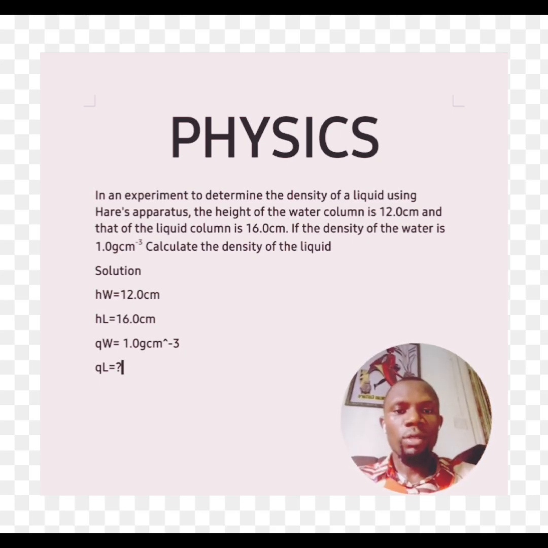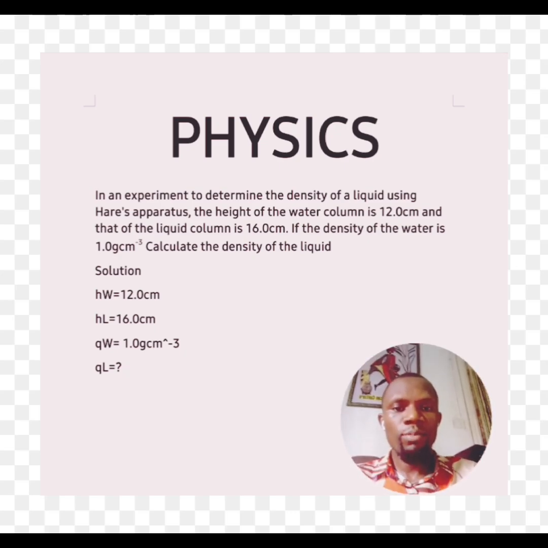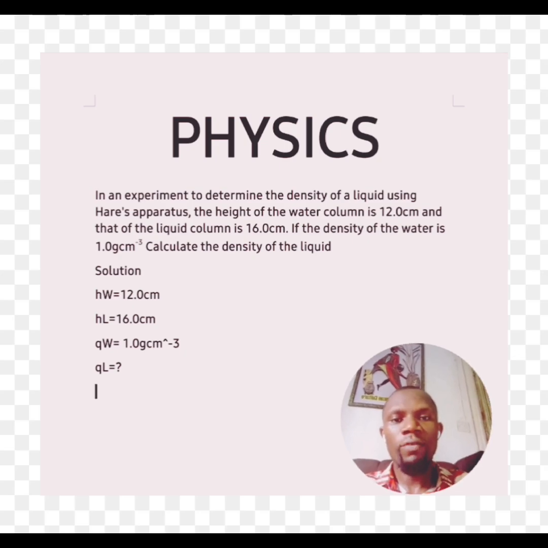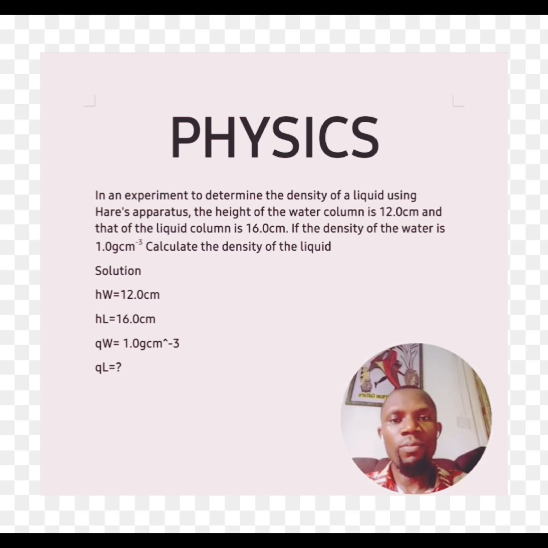Okay, so the next thing I need to do is looking at my parameters. I'll now have to know the kind of formula I'm going to apply. So let me apply with what I have. Hare's apparatus has a formula. So let me quickly write the formula for Hare's apparatus.